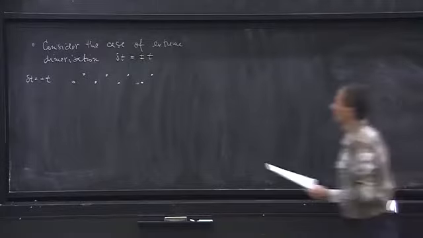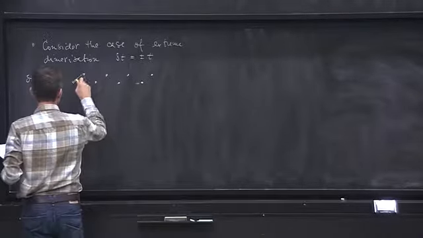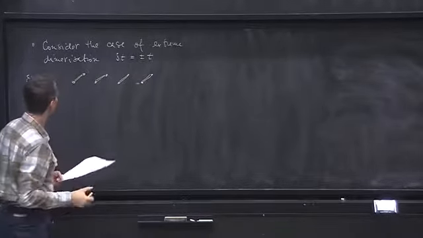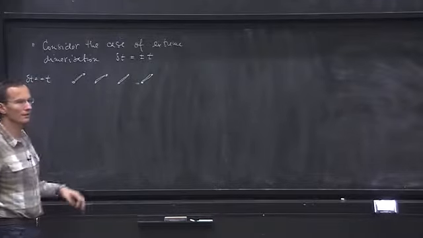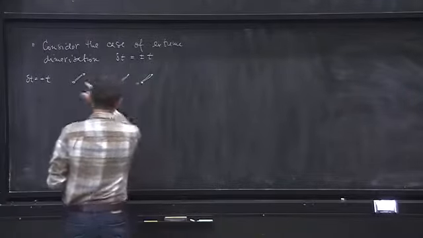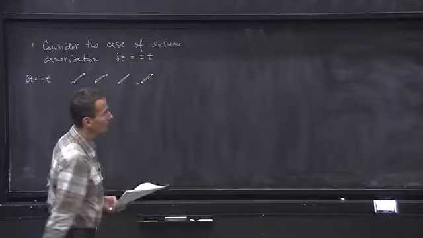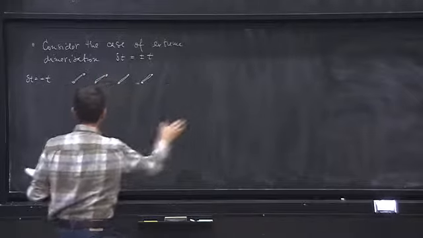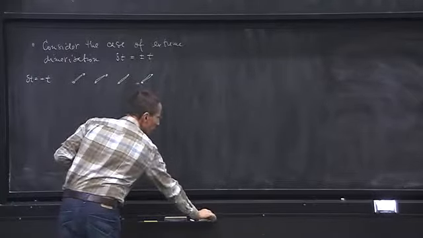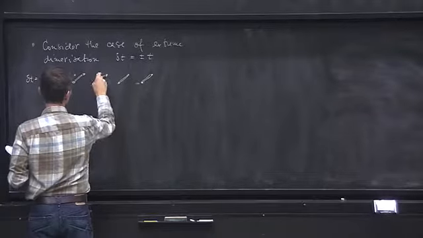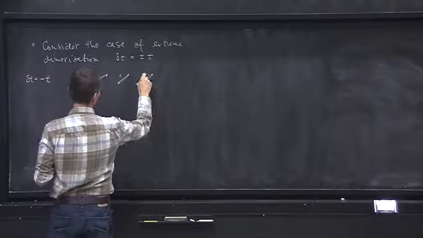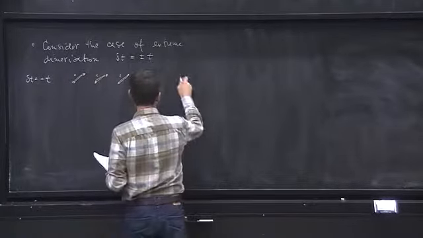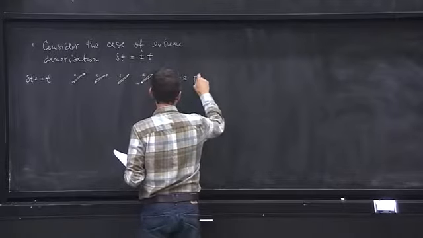In this case, I only have this bond that is non-zero, and the other one is just 0, so I don't draw anything there. Now, I have 4 dimers, and in order to get an insulator, according to our previous analysis, I have 1 electron per unit cell. This is my unit cell. So I put 1 electron here, 1 electron there, 1 electron there, 1 electron there, 4 electrons, and I end up with 1/2 electron per site.